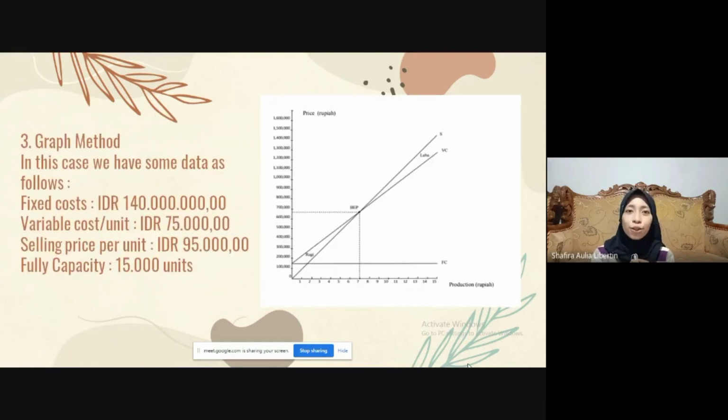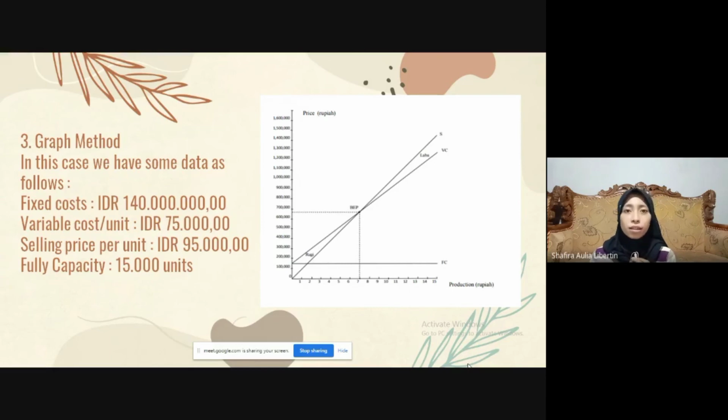Okay, and we go to the last method, the graph method. From the data, in this case we have some data as follows. The first is fixed cost, IDR 114 million. Variable cost per unit is IDR 75,000. Selling price per unit is IDR 95,000, and full capacity is about 15,000 units.